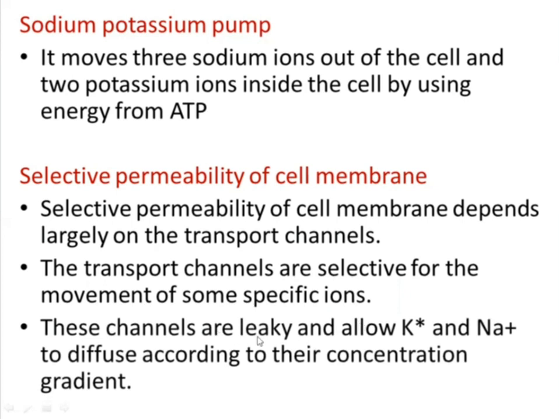These channels are leaky and allow K plus and Na plus to diffuse according to their concentration gradients, right? The selective permeability membrane allows K plus and Na plus ions to diffuse according to their concentration gradient, right?